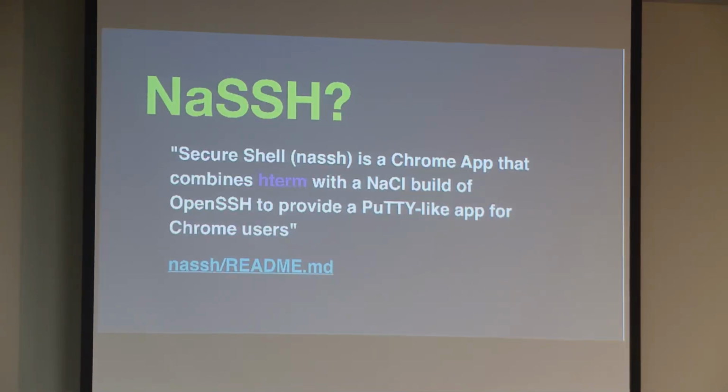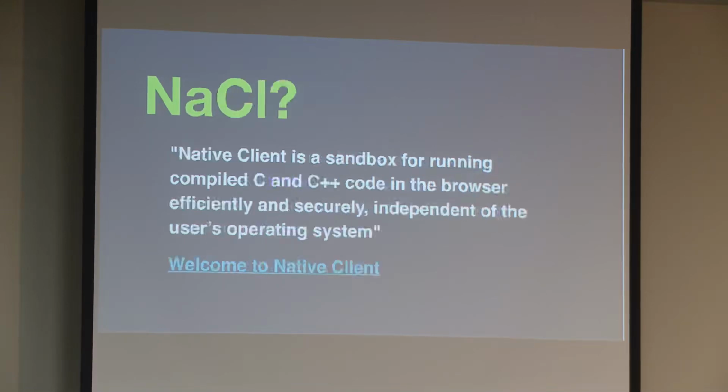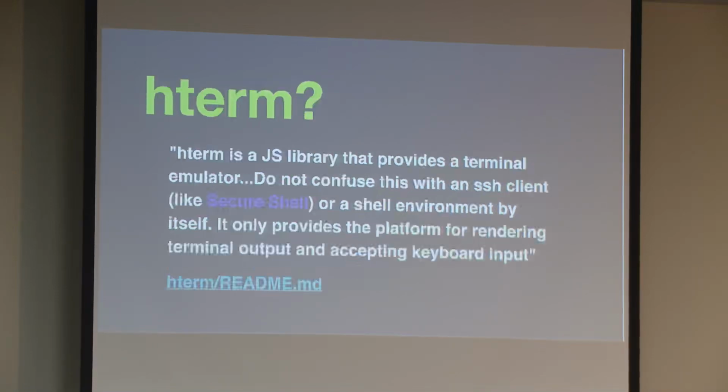So anytime I say that, you can just think Chrome Secure Shell. It is described as a Chrome app that combines hterm with a NaCl build of OpenSSH. Native Client is a sandbox for running compiled C and C++ code in the browser, and hterm is an HTML terminal emulator. Just in case you were wondering.